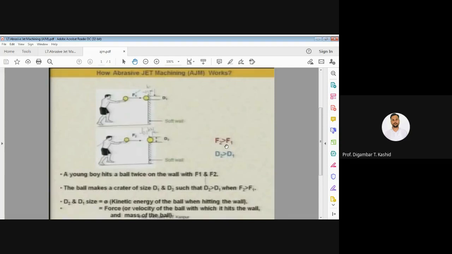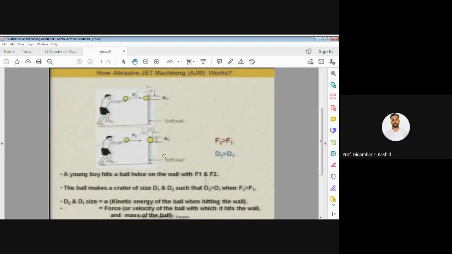Now in the second case, what are the kinetic energies? The kinetic energy of the ball is greater than in case number 1, and that is why the depth of penetration H2 is larger than H1. So due to F2 being greater than F1, H2 is also greater than H1.